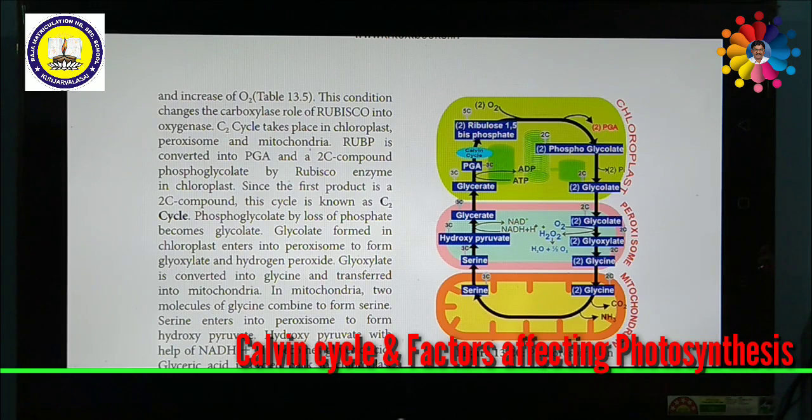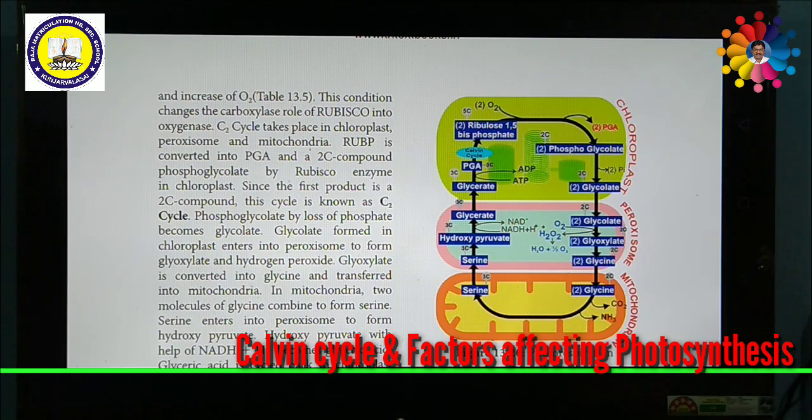Substrate of photorespiration is glycolic acid, but substrate of dark respiration is carbohydrates, proteins and fats. Photorespiration is not essential for survival, but respiration is very much essential for each and every living organism, because all the organisms obtain energy from respiration.